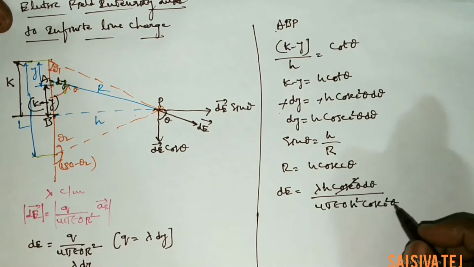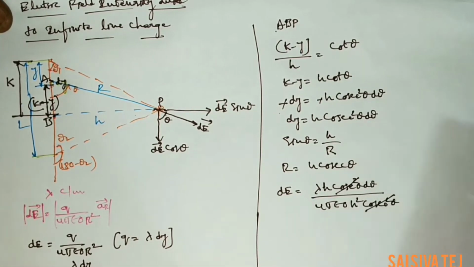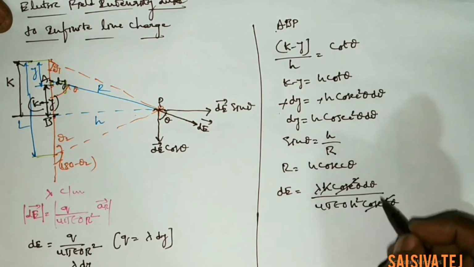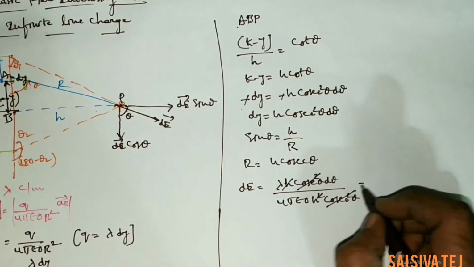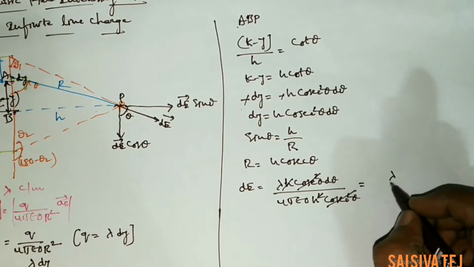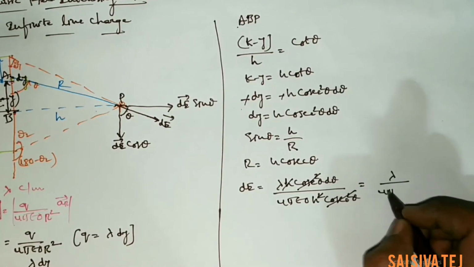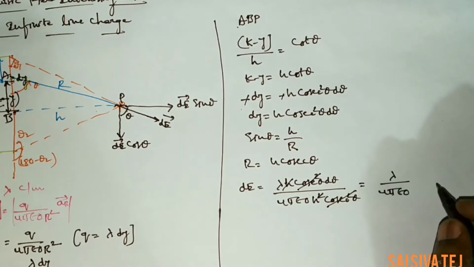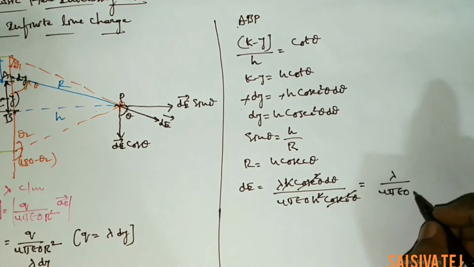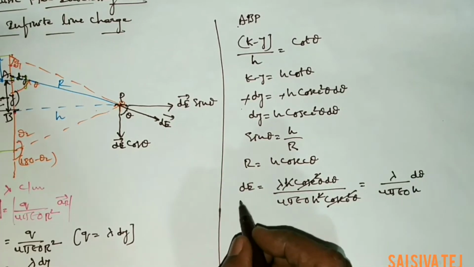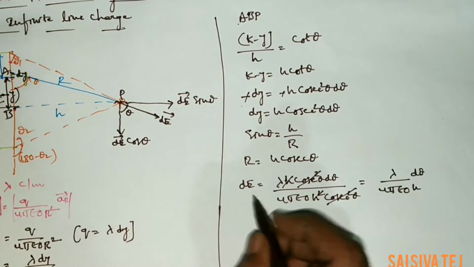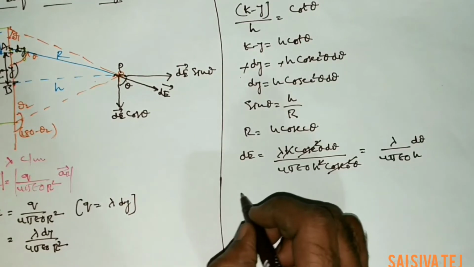So the cosecant square theta in the numerator and the denominator cancel each other, and h and h square simplify. We are left with lambda divided by 4 pi epsilon naught into h d theta. So this is actually the differential electric field intensity dE.